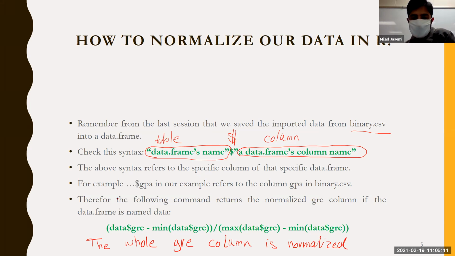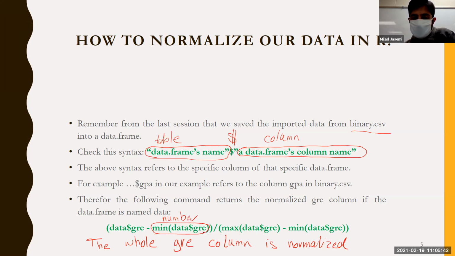When you put such a thing, data, that is the name of the table, column GRE minus the minimum of that column. So min of data$GRE is the minimum of the GRE column. The minimum of this column is just a number. Here we have a number.